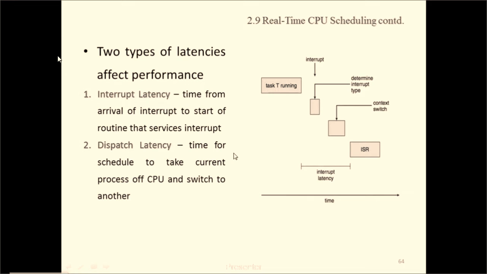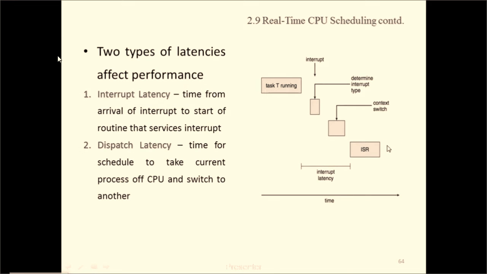Dispatch latency is the time for the scheduler to take the current process off the CPU and switch to another. So this is dispatch latency. This time is necessary for a context switch, and both these together will give us the total time from the moment the interrupt has arrived till the ISR is serviced.